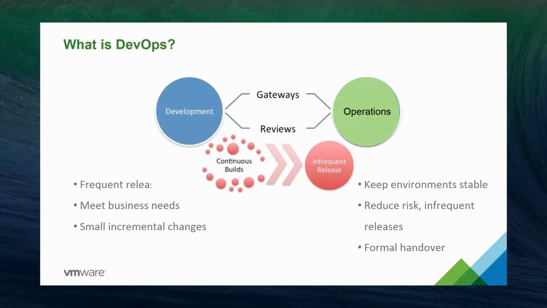They want to have everything they need to know about it, because once it goes into production and is up and running, they're responsible for that application from then on out. So as you can see, the two teams essentially want the opposite things from what the other one wants. And obviously this can cause some issues.